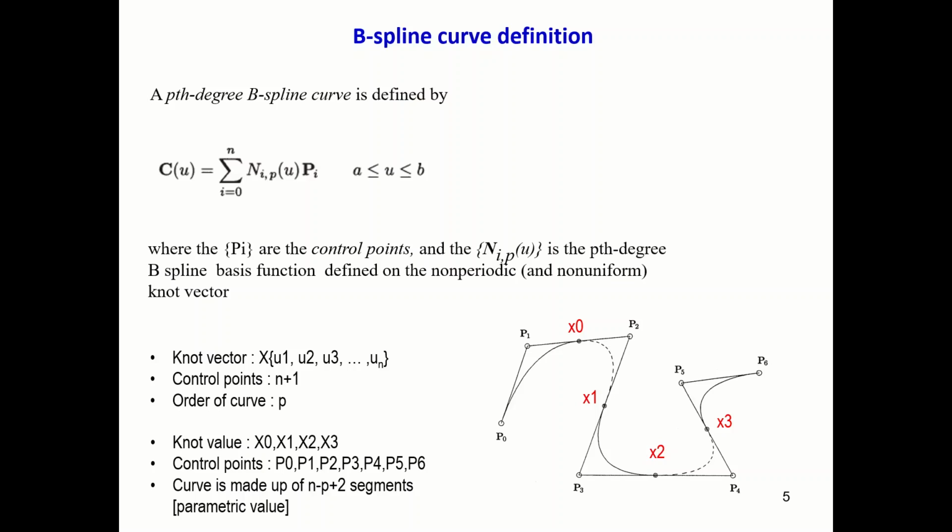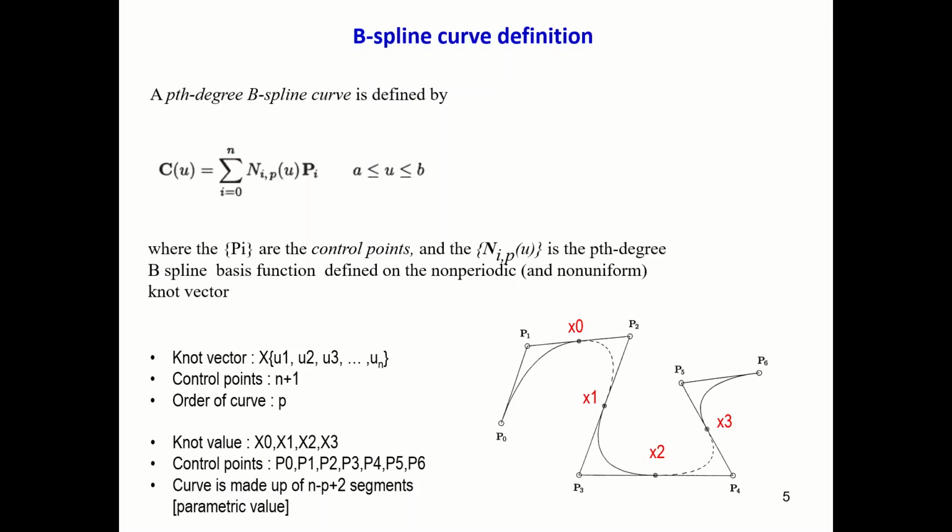We have a knot vector u0, u1, u2, u3 and so on till um, and further we have the control points, n plus 1 control points. The order of the curve is p.